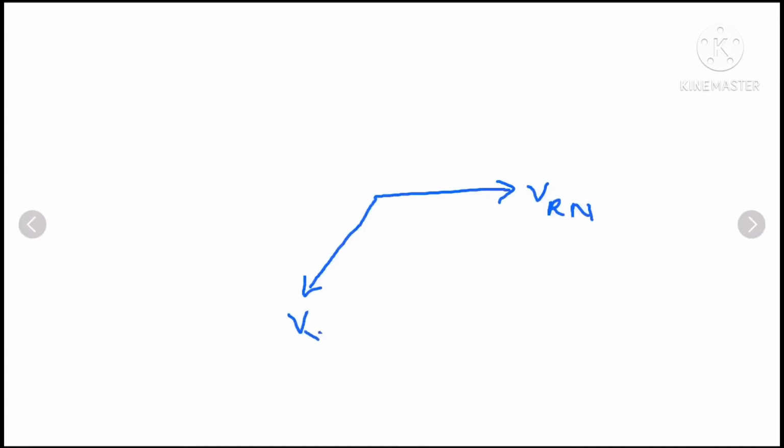This is VYN, and finally approximately at 120 degrees it will be VBN. So hopefully you can easily see that all voltages are 120 degrees apart.